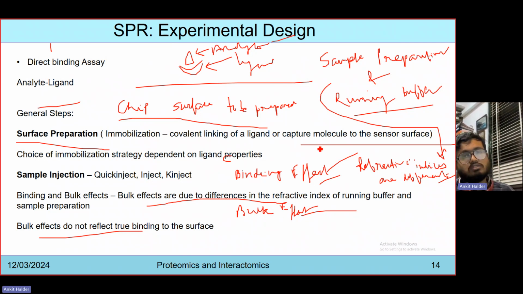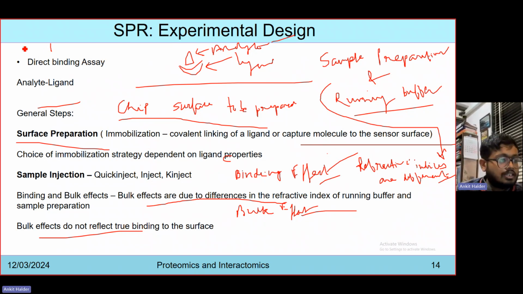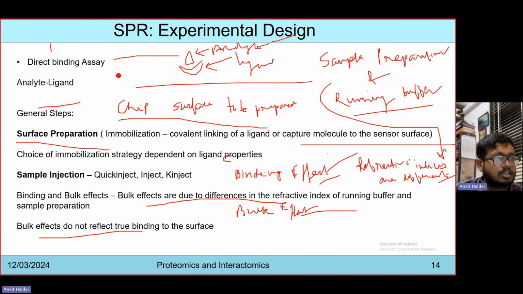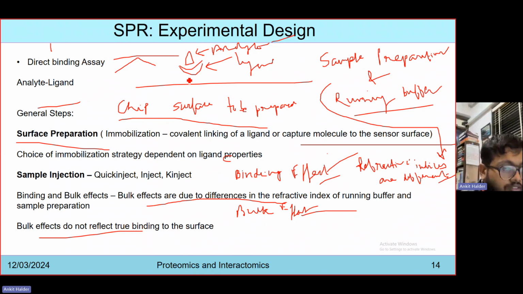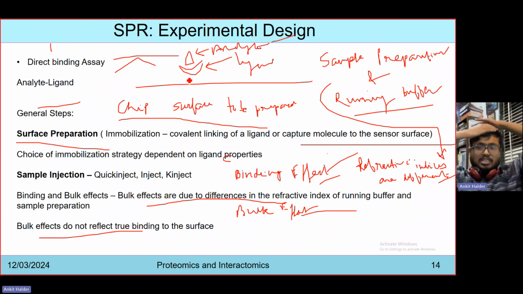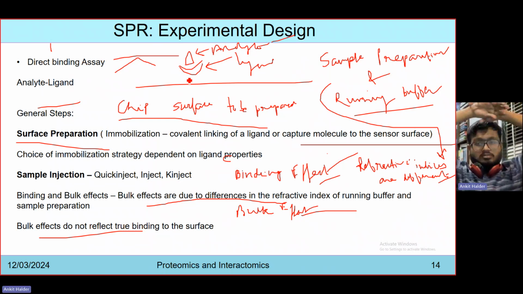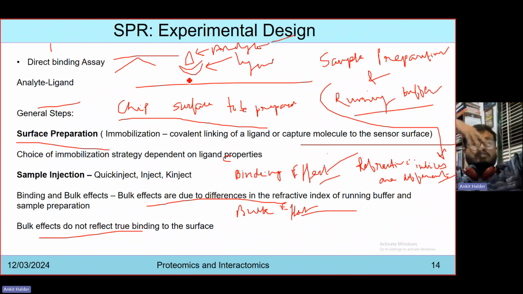Now, why refractive indices again? Because if we go back to the basics, in SPR the response which we are getting comes from changes in the refractive index because of binding. If the refractive indices of the sample preparation and the running buffer given during the injection steps are different, there might be some differences and effects.